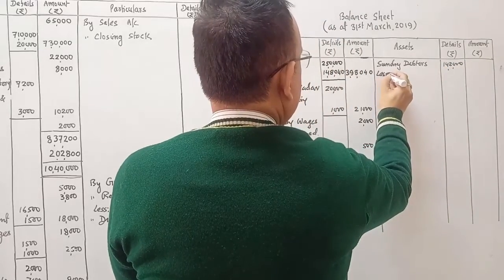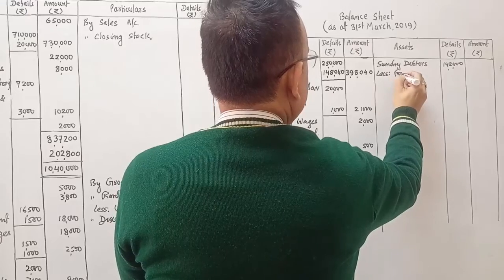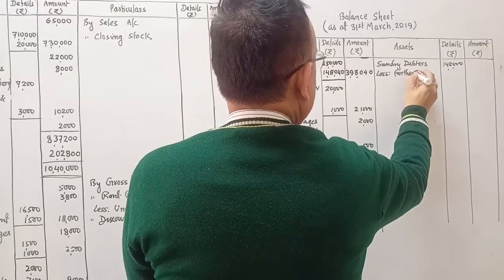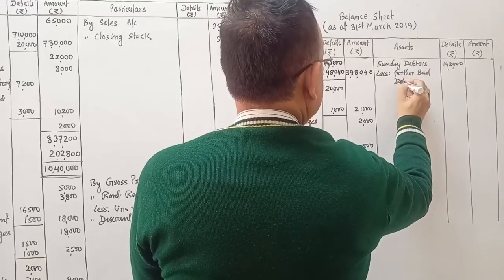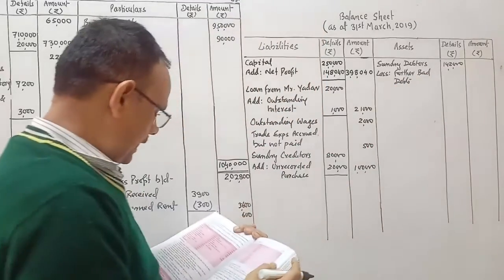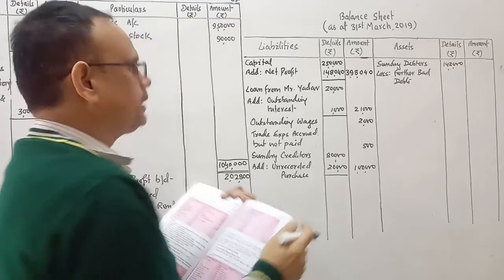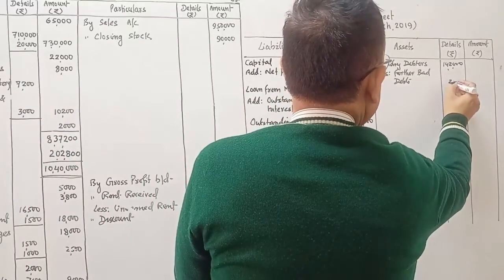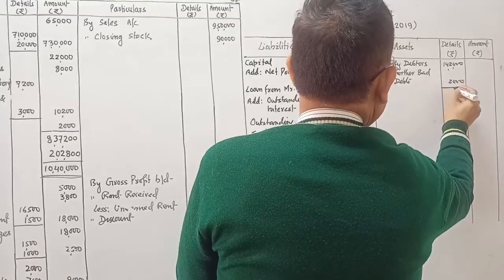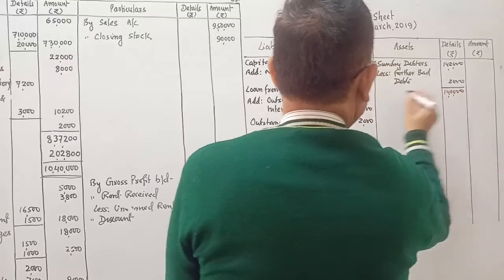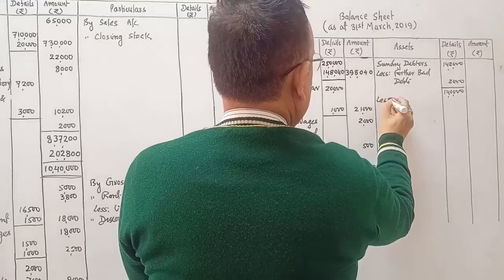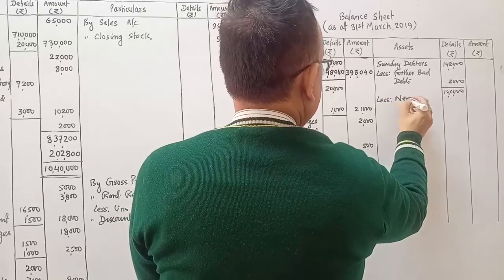You deduct the further bad debts, which is given in adjustment number 3, 2,000. Rest is 1,40,000.